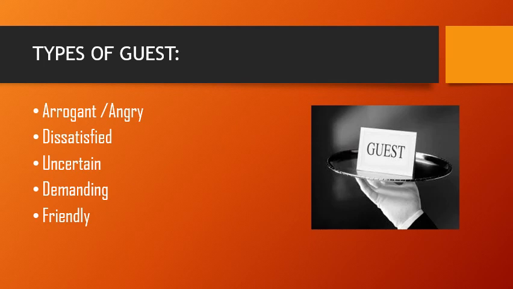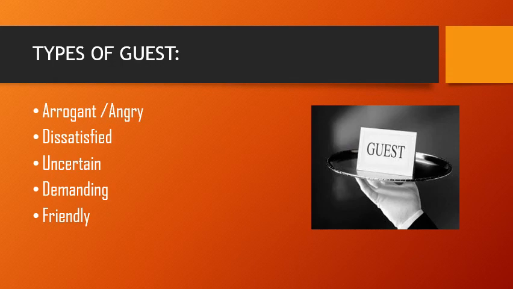Dissatisfied guest: this guest will not be easily satisfied with the item or the services. Normally this guest can be made happy if some complimentary services are offered. Uncertain guest: very confused, and they do not speak and do not want to make any inquiry.